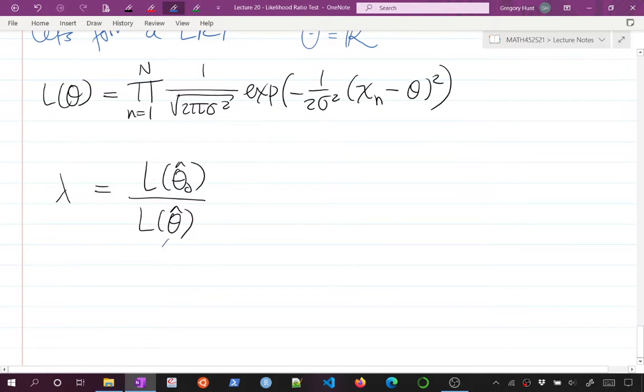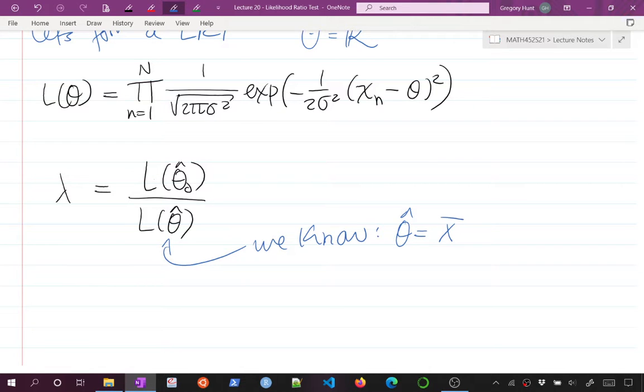And we know, and if we don't, you can derive it, that the unrestricted MLE for the mean of a normal is just x bar. That's sitting really nice. We derived that before.